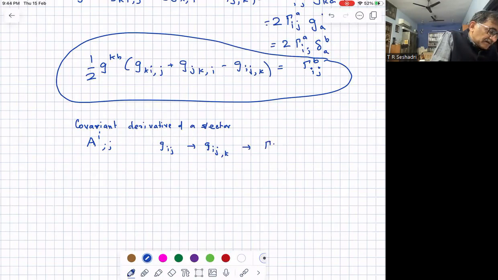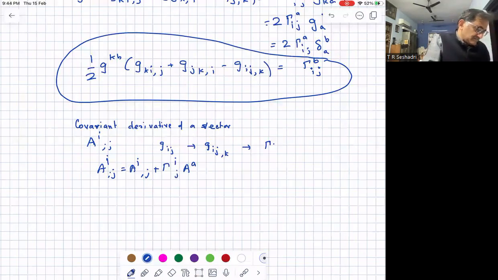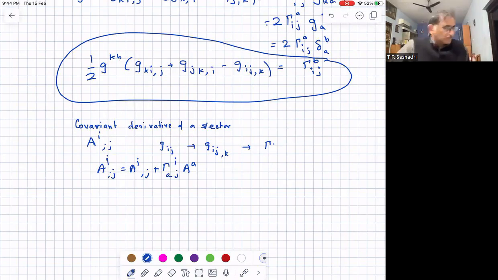I get Gamma and then I write A_{i;j} is equal to A_{i,j} plus Gamma^a_{ij} A_a. Right? So now we have a formal prescription for calculating things. Is it okay? Yes.